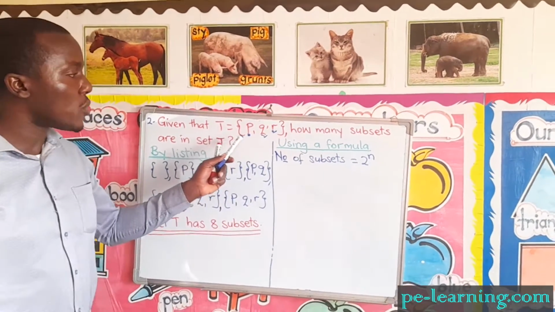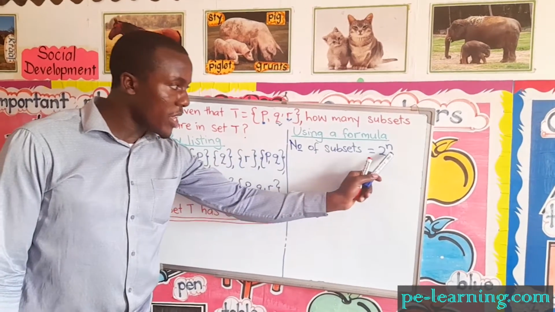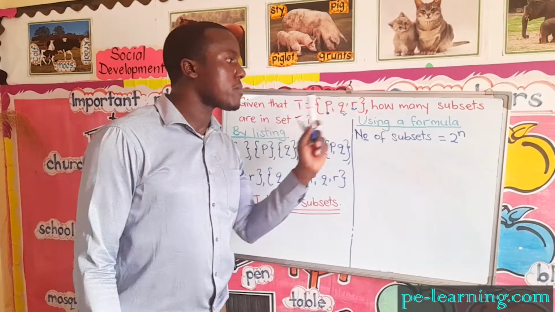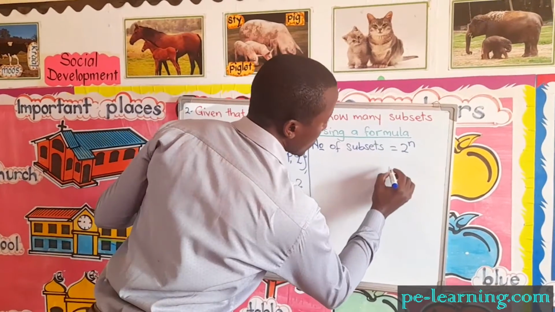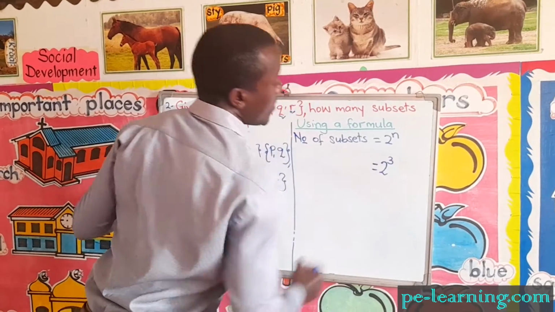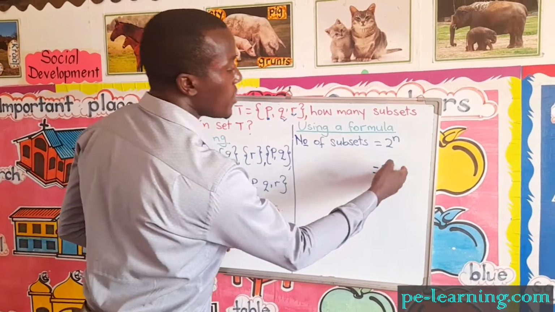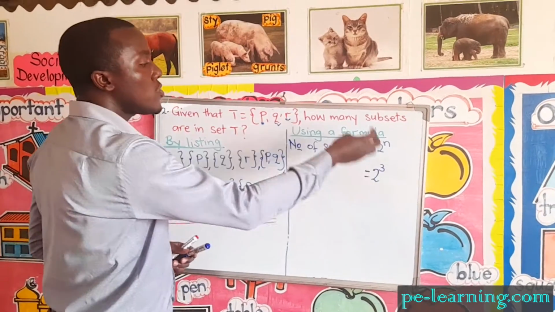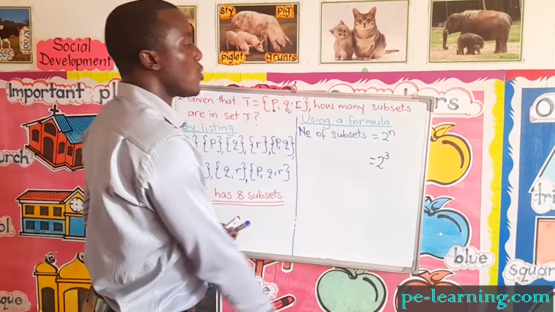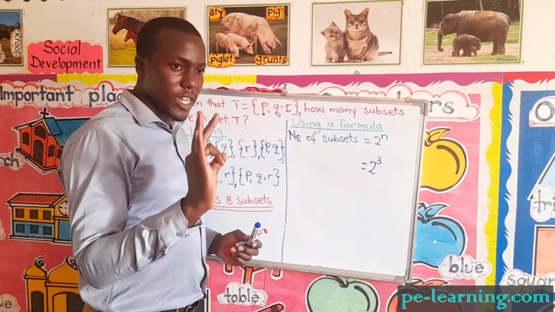So here we have 3 elements, meaning where there is n, we are going to put 3. Continue. We have 2 exponent 3. What does that mean? 2 exponent 3 means 2 times 2 times 2. You multiply 2 by itself 3 times.